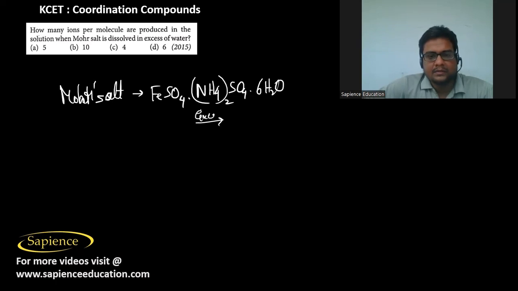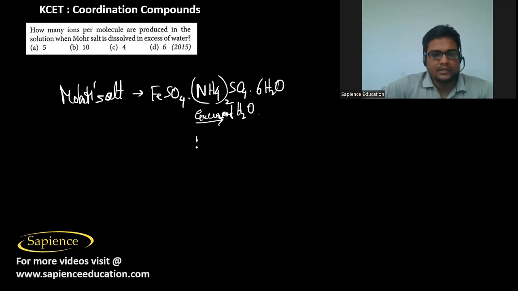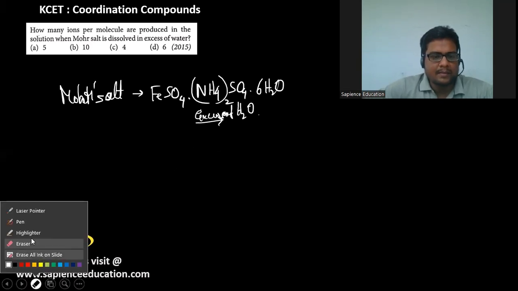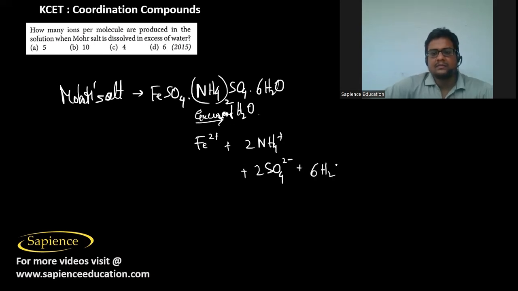If it is dissolved in excess of water, then it will form the FeSO4, ferrous sulfate, and here ions will be formed. The Fe2+ ion will be formed, and two NH4+ ions will be formed, and two sulfate ions will also be formed, and 6H2O is there.